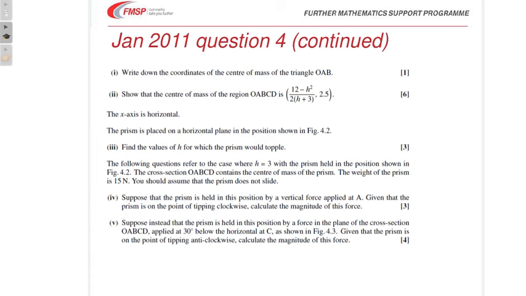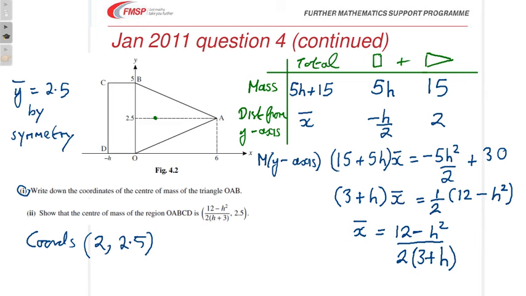First of all, they want us to write down the centre of mass of the triangle OAB. Now, I've already done this part of the question because there's not much to it, and you can verify the different parts easily yourself. For the triangle, they tell us that the centre of mass of a triangle is 1/3 of the way up the median, any median.